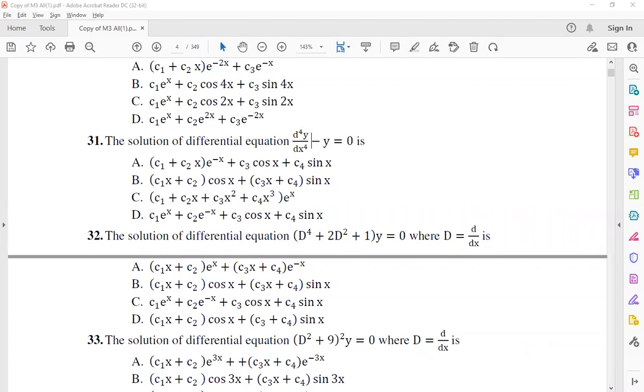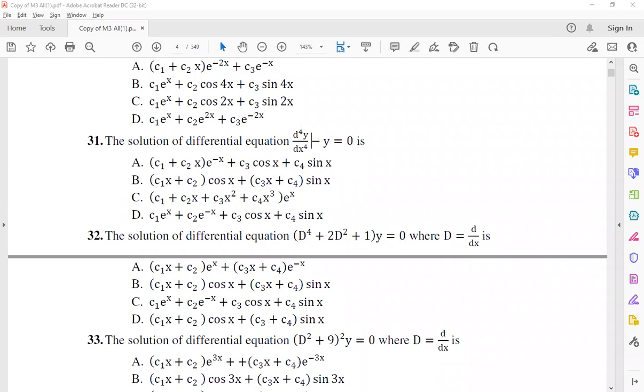D square square minus 1 square, which is of the form A square minus B square. So A square minus B square is A plus B, A minus B. Solve that separately, you will get the answer. Because 4th power we cannot solve on the calculator, so we have to convert it into a lesser order. Like if it was 4, we convert it into 2 or 3 and solve.